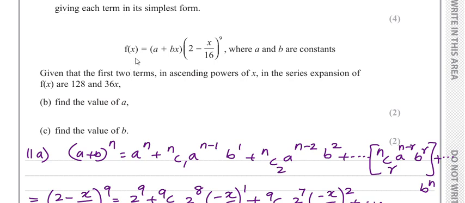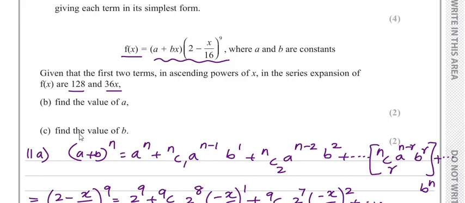The second part of the question: f of x is equal to (a plus bx) times (2 minus x over 16) to the power of 9, where a and b are constants. Given that the first two terms in ascending powers of x in the series expansion of f of x are 128 and 36x, the question tells you that if the whole thing is expanded, you get 128 and 36x.